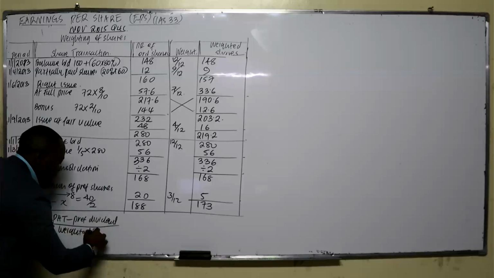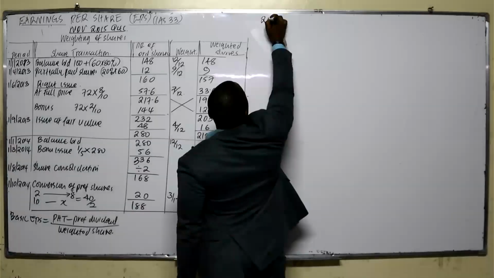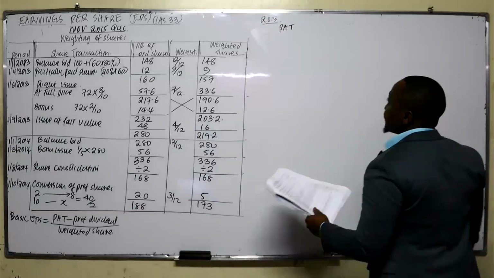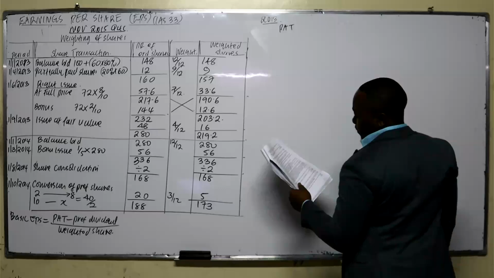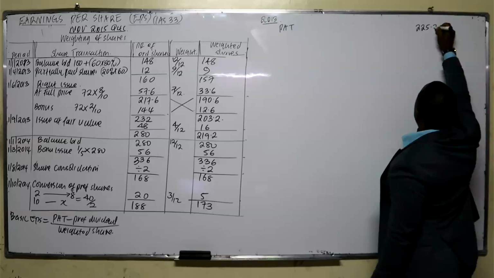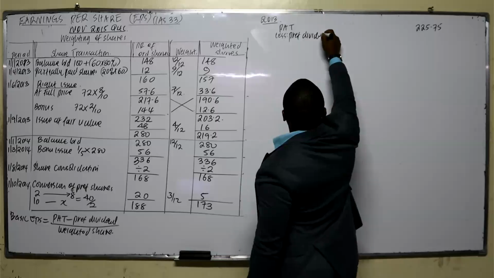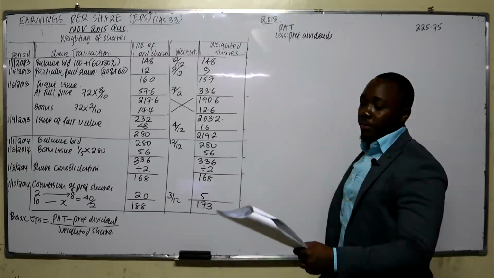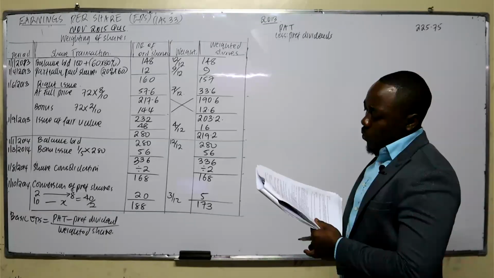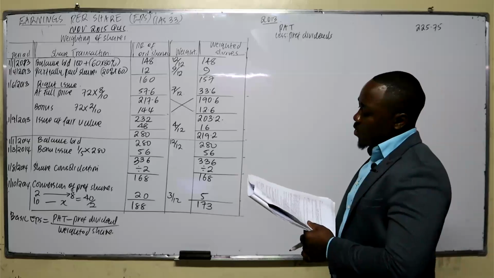So now let's start with 2013. How much was the profit after tax for 2013? You read note number 7. It was 225.75. Then you subtract the preference dividends. Let's go to the second paragraph. On 1st of January 2013, the company had in issue 160 million ordinary shares and 30 million 10% convertible preference shares.